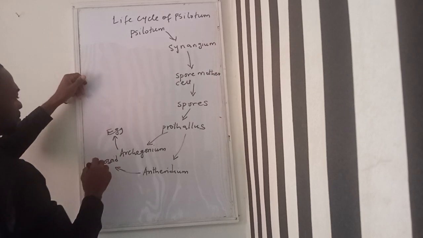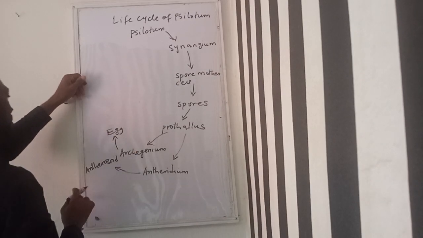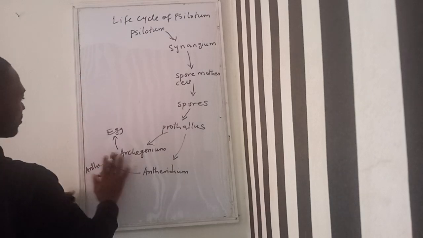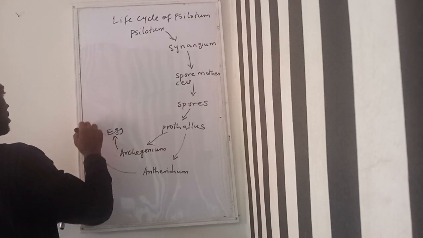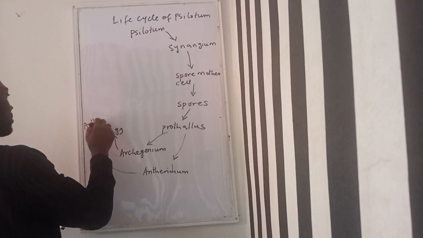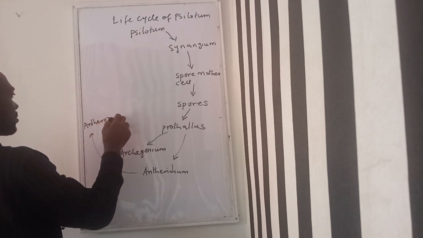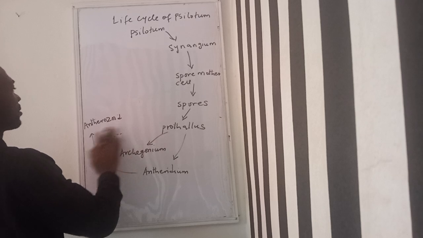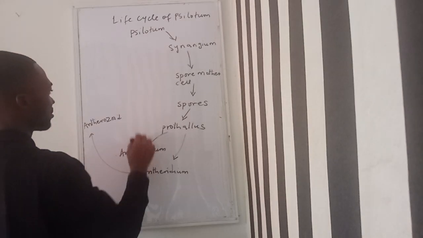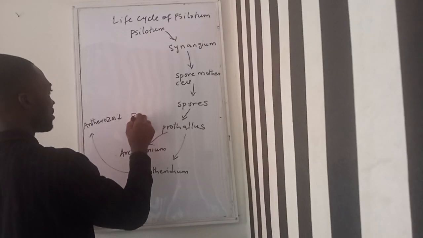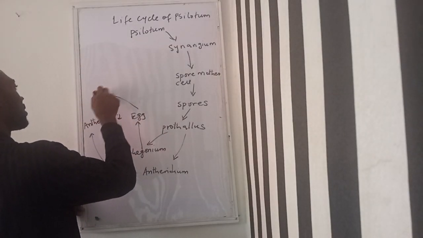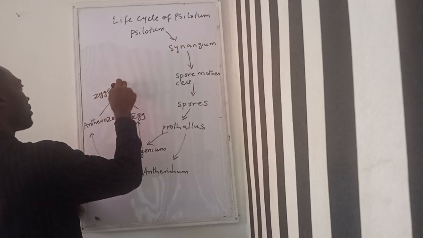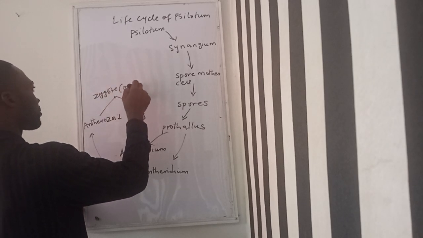I hope you understand this the way I'm doing it. So this is anterozoid. This is the egg. Then of course, the two mate together to form zygote or oospore.